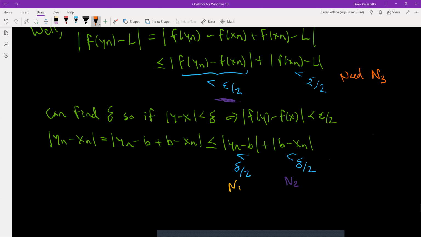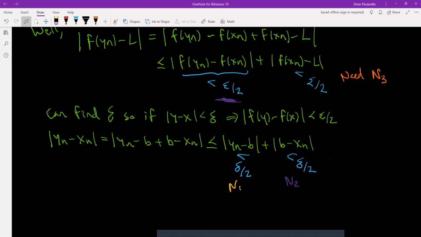And we are using the fact that f of yn minus f of xn can be made less than epsilon over 2, since yn minus xn, adding negative b plus b, we use the fact that yn converges to b, xn converges to b to find an n1 so that we have the absolute value of yn minus b less than delta over 2, and then the absolute value of b minus xn less than some delta over 2 for n2.